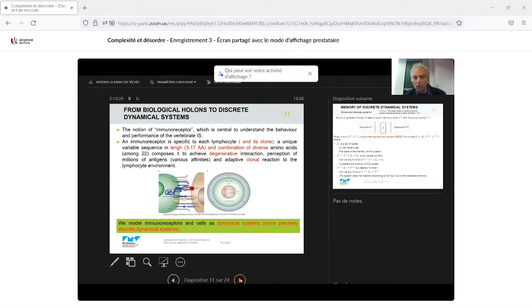Okay, and so we are going to focus on dynamical systems, and more precisely on discrete dynamical systems. And why discrete? It means that we are going to study these dynamical systems in discrete time and not in continuous time, just because we want a computational or computable model. So if we use a computer, we have to deal with discrete time dynamical systems.